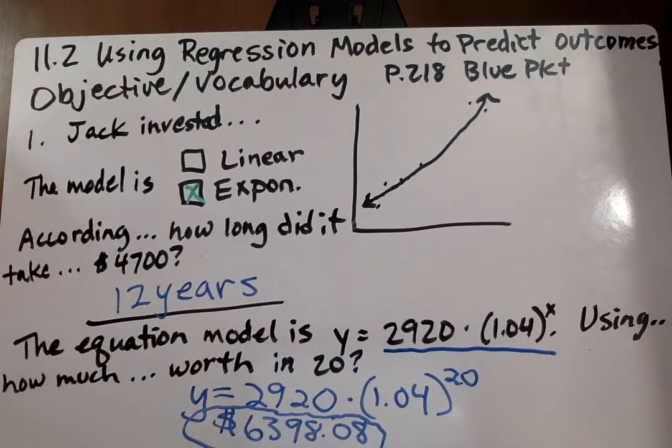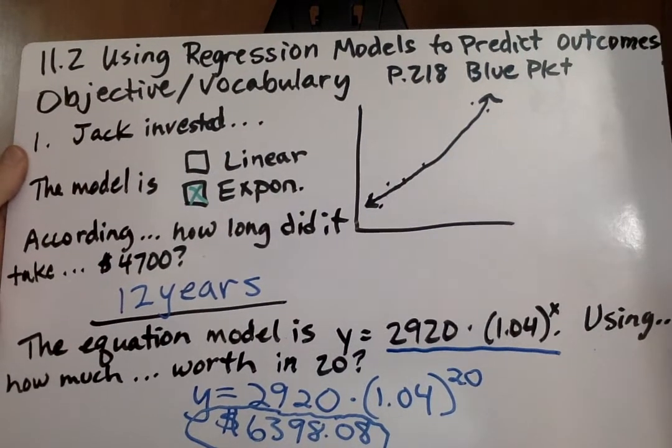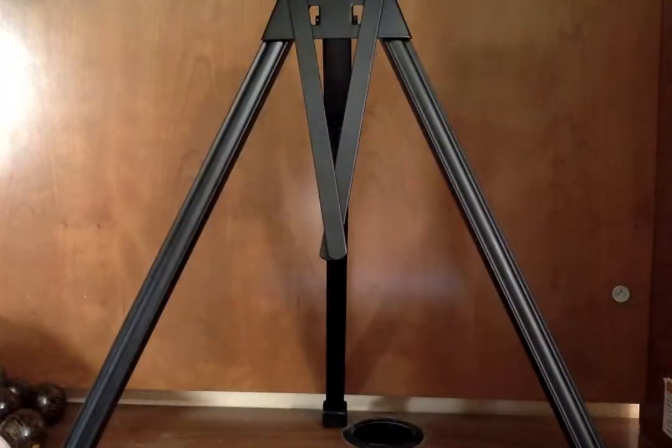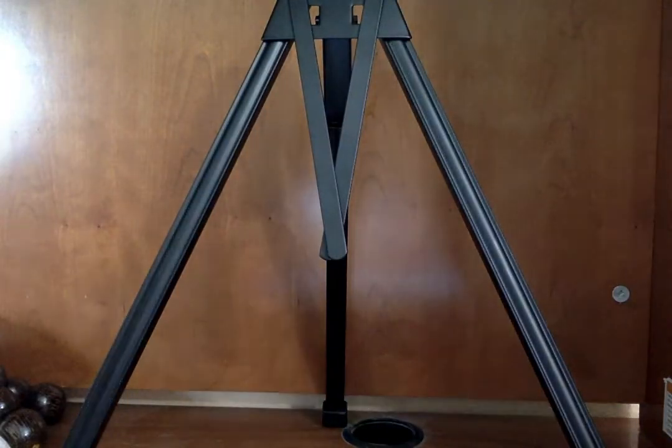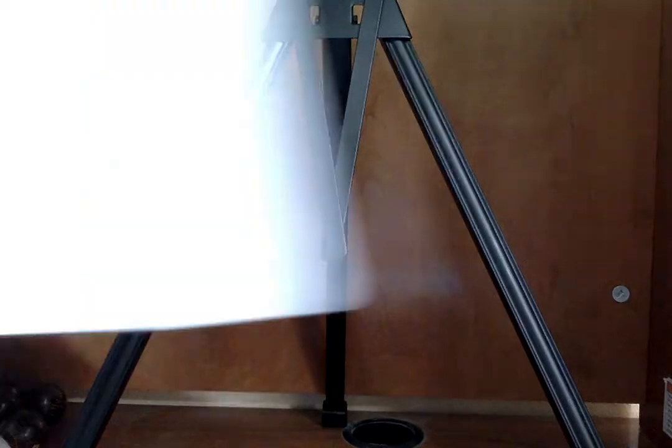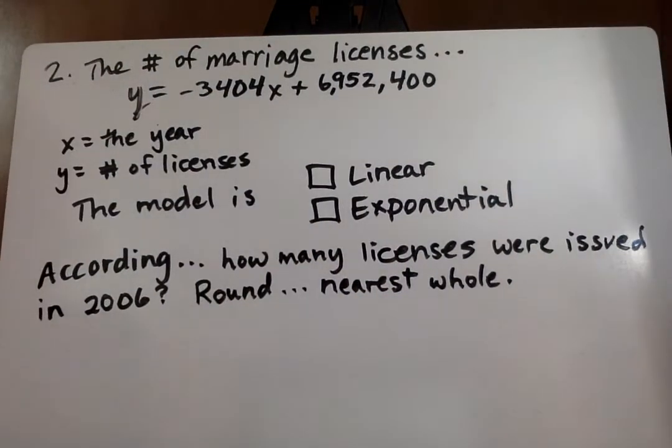All right, we're going to go on to number 2. Hopefully you can see okay at the bottom. The number of marriage licenses issued by a country can be modeled by this equation. X is the year, Y is the number of licenses.